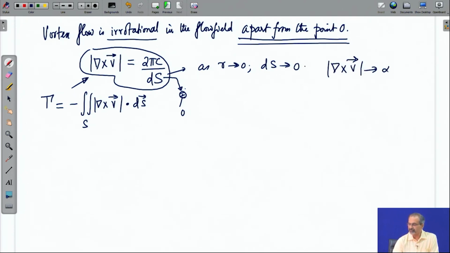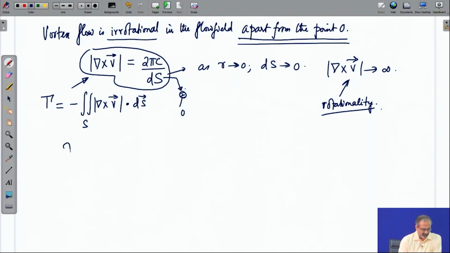It tends to infinity. That means you have a singularity. So, that singular point is the point vortex, and you do have rotationality surrounding the point O. That is the point we are trying to make here.